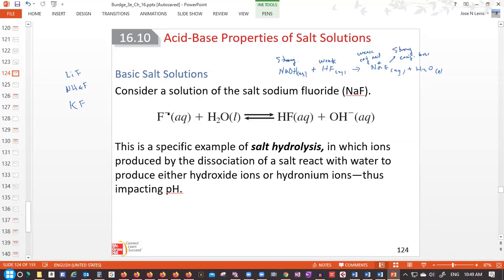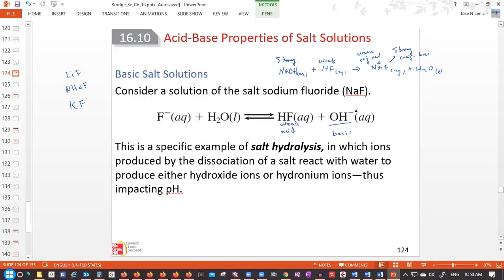And we know that ion is strong enough to react with water. And the result of that reaction, which is called hydrolysis or salt hydrolysis, will form the weak acid and will produce the hydroxide ion, which is a strong base. And you know, once you see the OH minus in solution, you say this is basic. The solution is going to be basic.